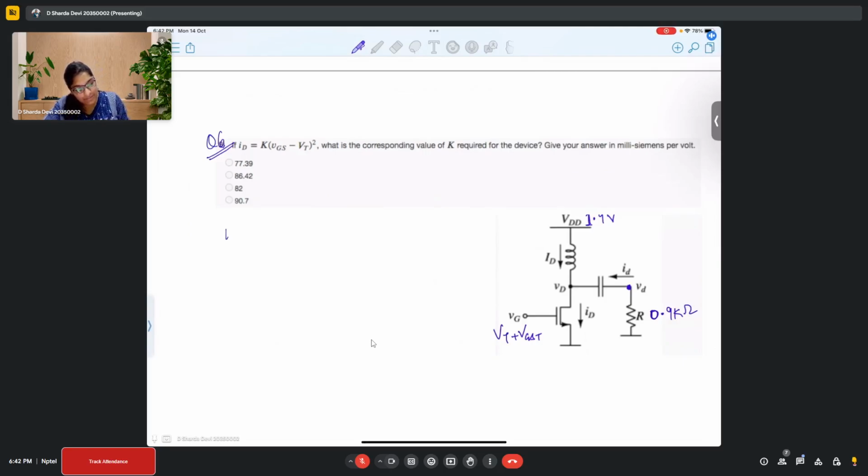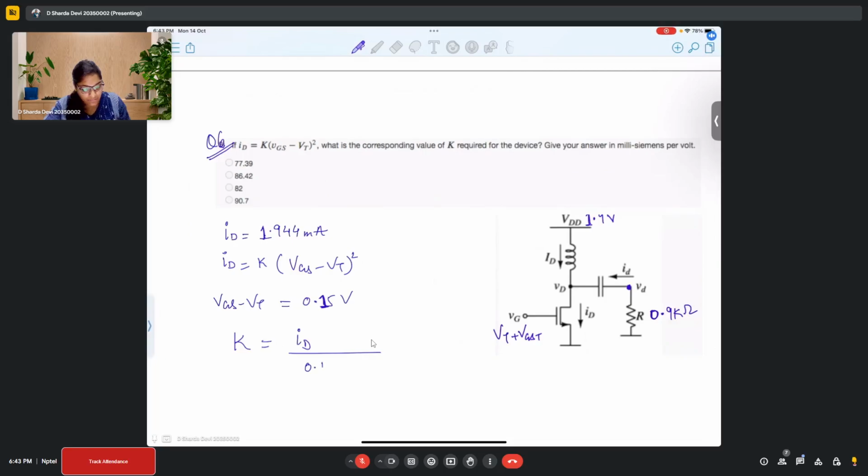So we know that ID is 1.944 milliamperes, and ID is also equal to K times VGS minus VT whole square. This VGS minus VT is 0.15 volts. So when VGS minus VT is 0.15 volts, the value of K becomes ID by 0.15 whole square.